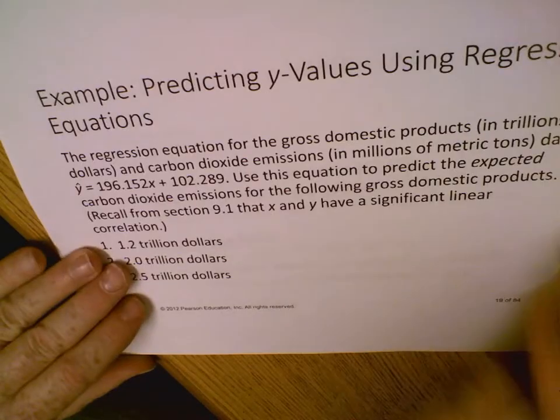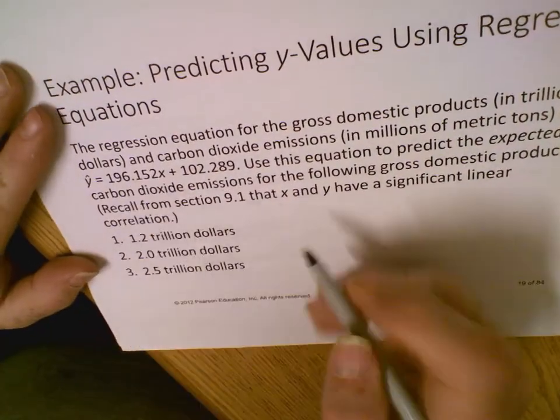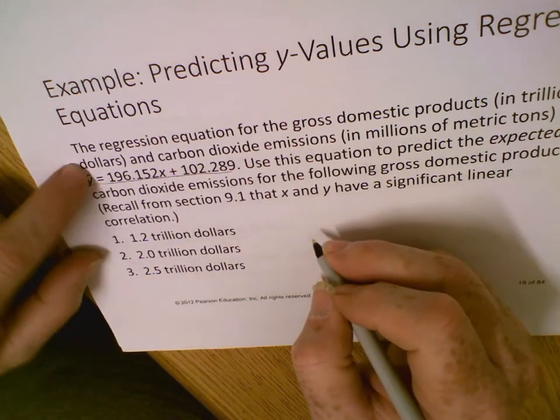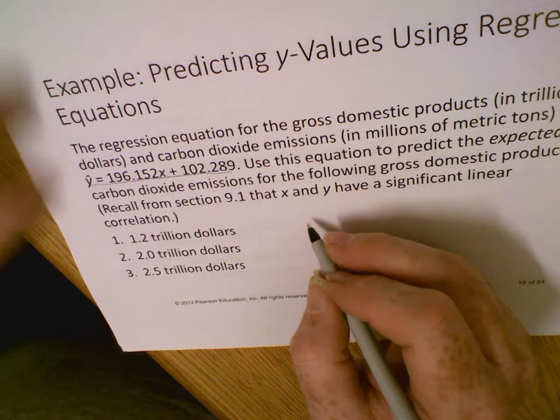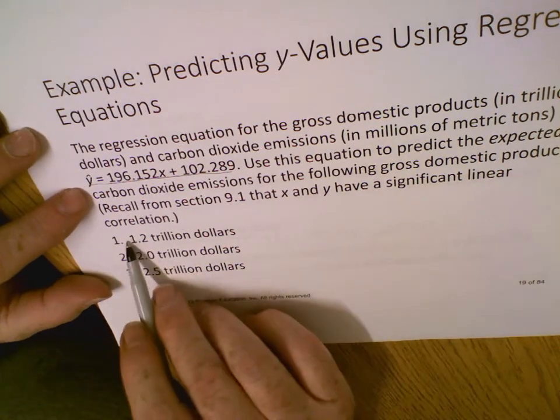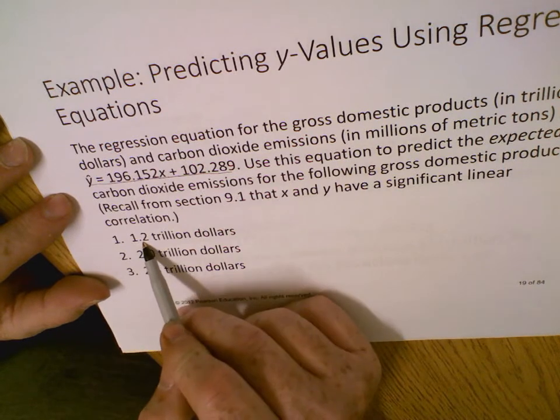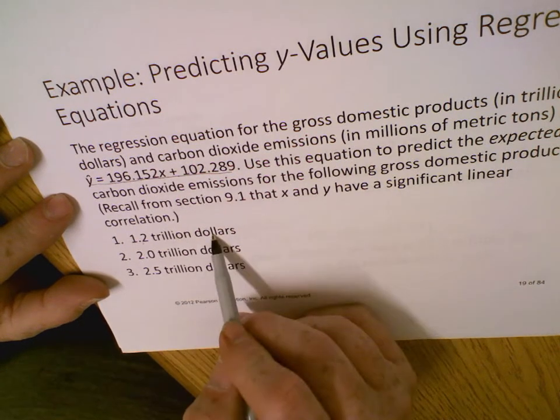We did this last time, but they gave us this just to refresh your memory a little bit. Now I'm going to show you just this one example. It says predict if you had a GDP of $1.2 trillion.